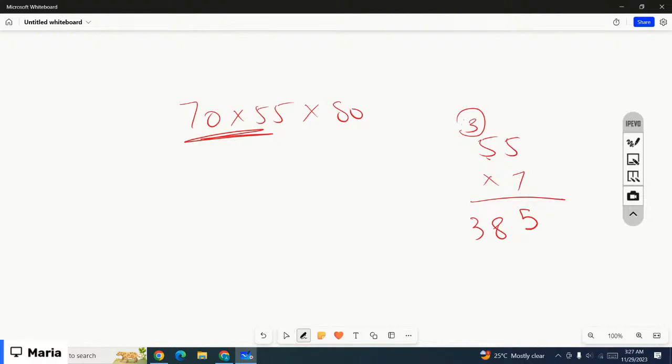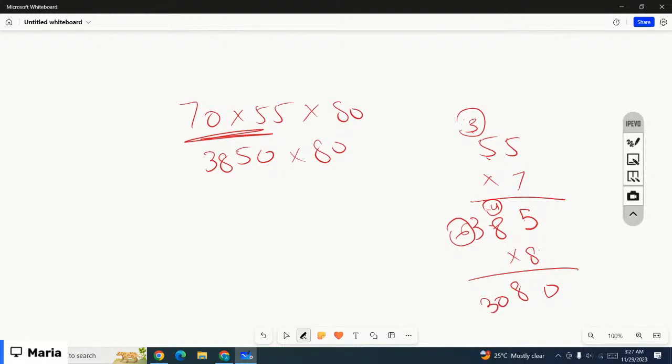7 times 5 is 35. Here you have 5, 3 carry. 7 times 5 is 35 and 3, 385. So you need to add a 0 here. So 3850 times 80, right? Now again multiply the non-zero values. Multiply 385 by 8. 8 times 5 is 40. 0 and 4 carry. 8 times 8 is 64 and 4, 68. 8, 6 carry. 8 times 3 is 24 and 6, 30.